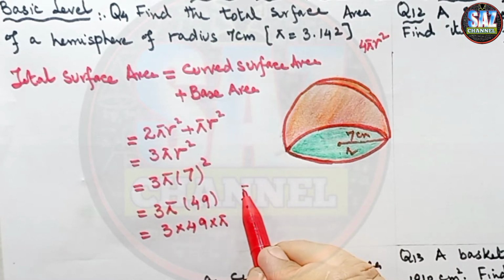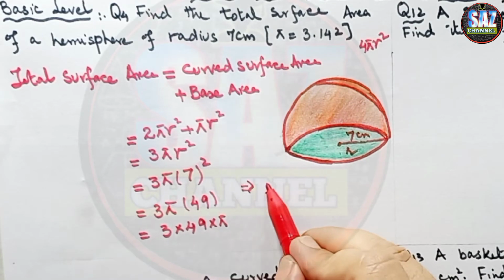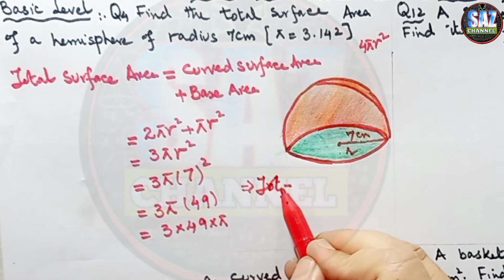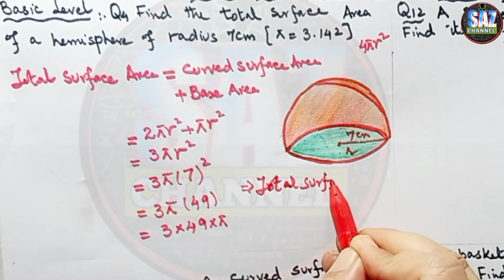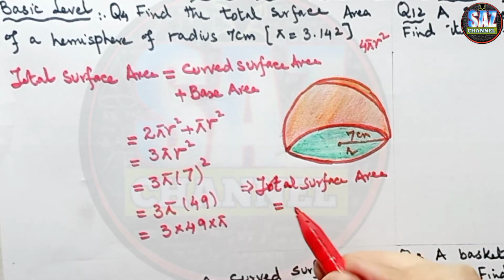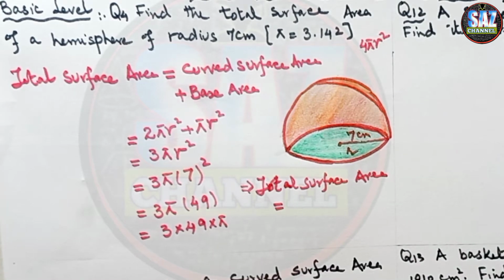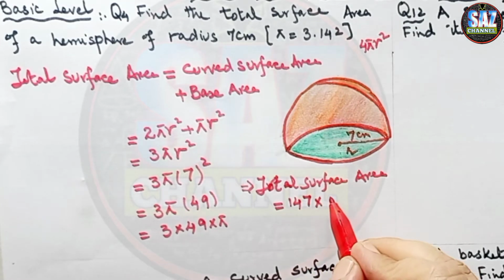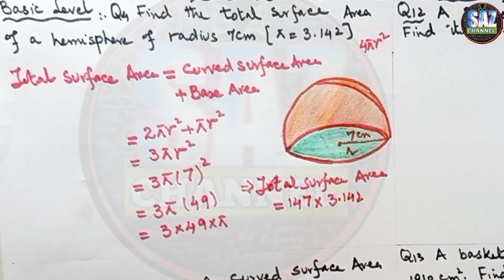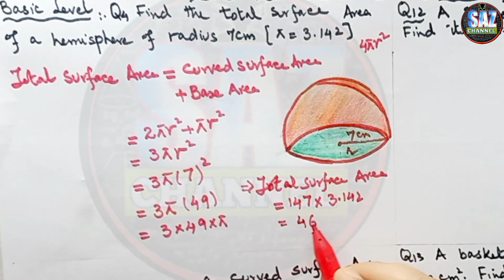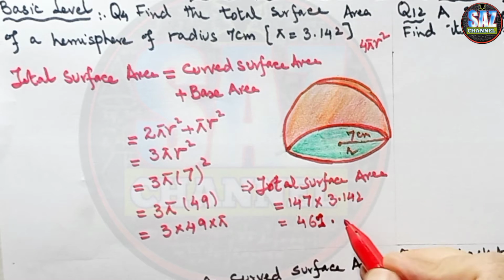So the total surface area equals 49 multiplied by 3, which is 147, multiplied by the value of pi, which is given in the question, 3.142, and this gives me 461.8.